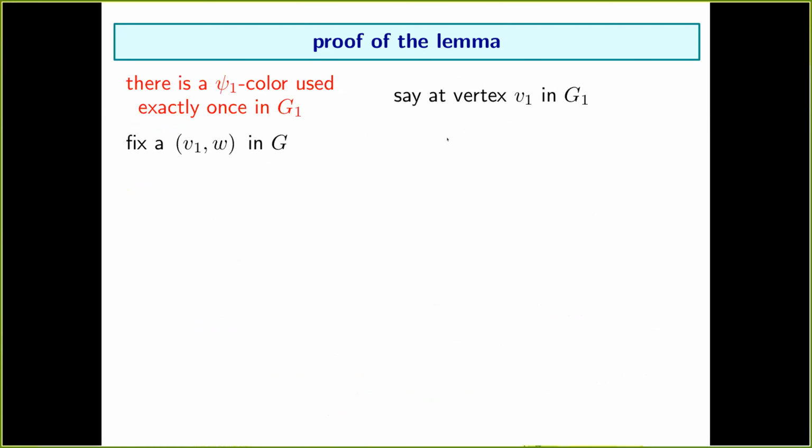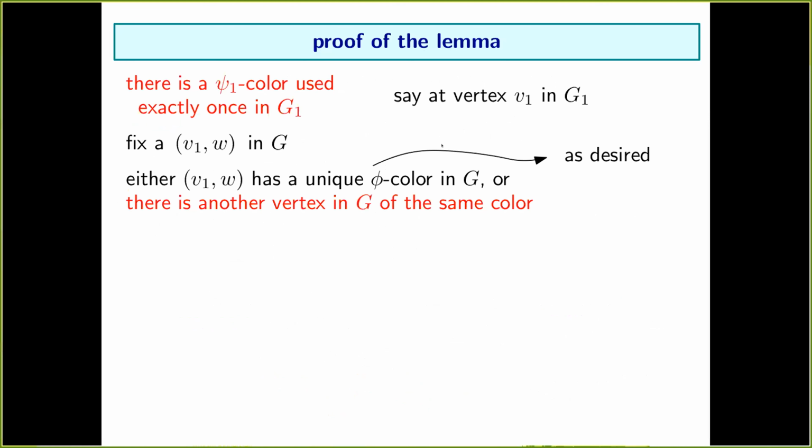So take such a vertex D1 in G1, and since we were in the projection, there is a vertex W in the graph G we consider that on the first coordinate has D1, right? So now there are two options. One is trivial for us.